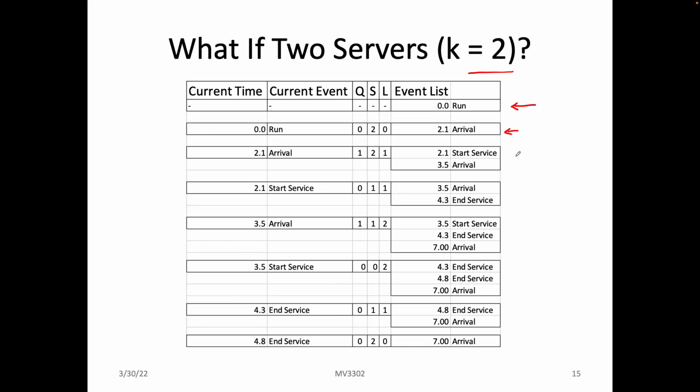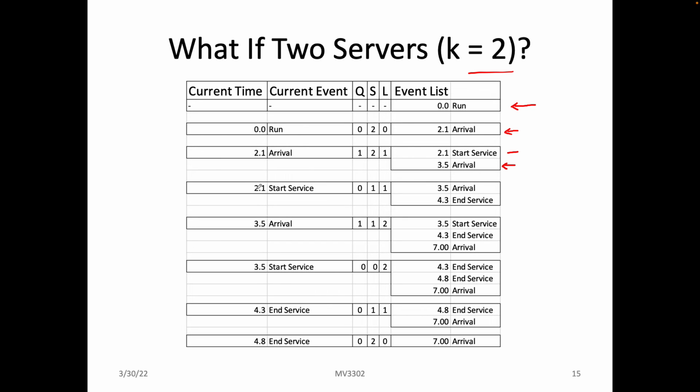And then we schedule any events. So we schedule the next arrival at 3.5. That was exactly the same as before. And because S is bigger than 0, we schedule a start service at time 2.1 with 0 delay. Again, this is all the same as before, but it'll change in just a bit.